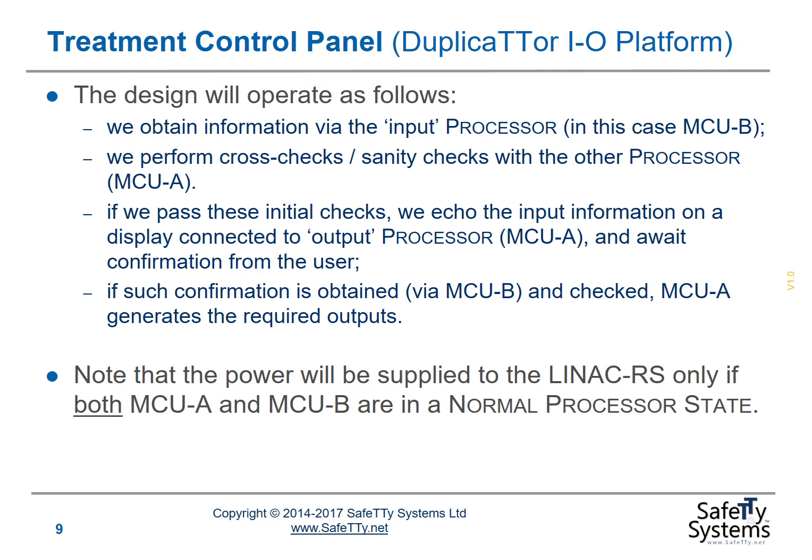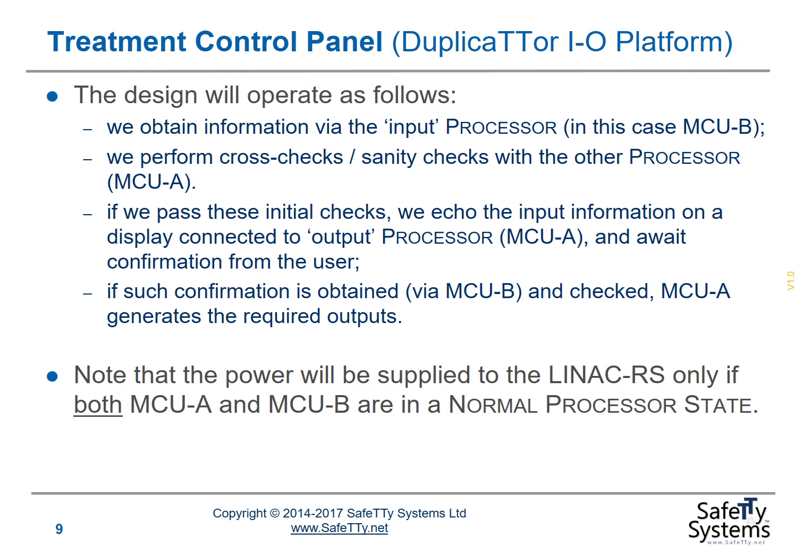We obtain information via the input processor, in this case MCU-B. We perform cross-checks, sanity checks with the other processor, MCU-A. If we pass these initial checks, we echo the input information on a display connected to the output processor, MCU-A, and await confirmation from the user.